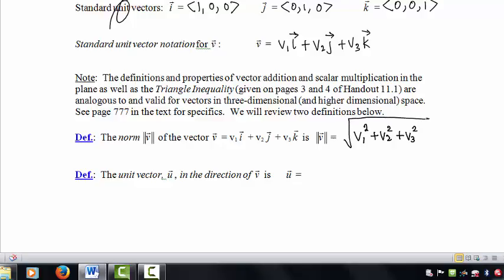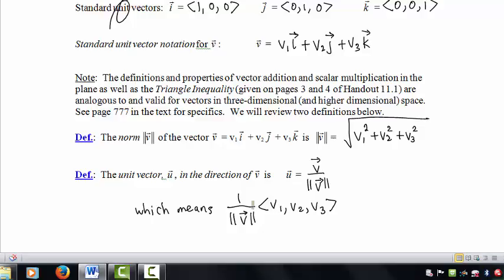A unit vector u in the direction of V is the following: u equals V divided by its norm. You often see this notation. However, there really is no definition of a scalar being divided into a vector. So the absolutely appropriate way to write this and what it means is 1 divided by the magnitude or norm of V times the vector V, because we do define a scalar times a vector.